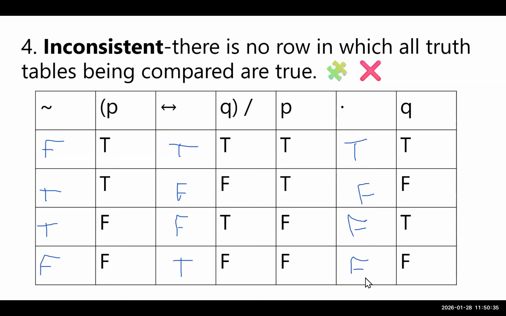Those are not opposite values of the same value. And then we look to see if they can both be true. And because they're only true on line 1 for P and Q, we check for line 1 and they're not both true. So they're not consistent, therefore they are inconsistent.